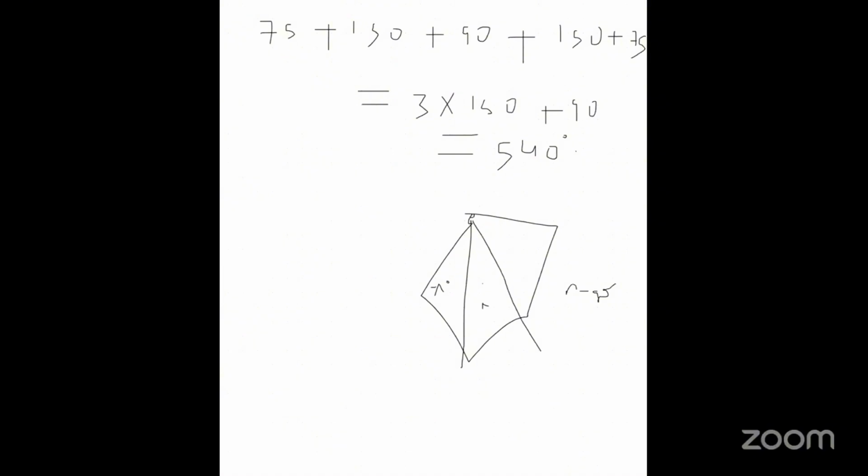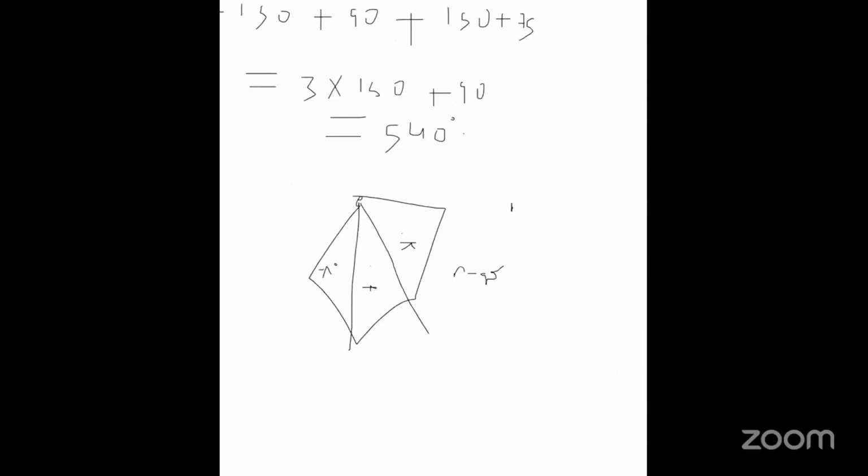So total sum of angles for the polygon is n minus 2, because there are n minus 2 triangles, times 180 degrees. And so here it's 5 minus 2, which is 3, times 180, which is 540. So everything's correct. We didn't make a calculation error either. This was a good sanity check.